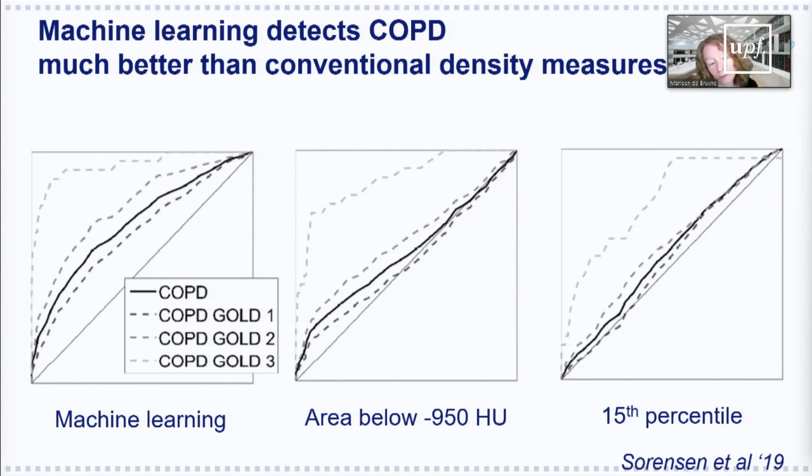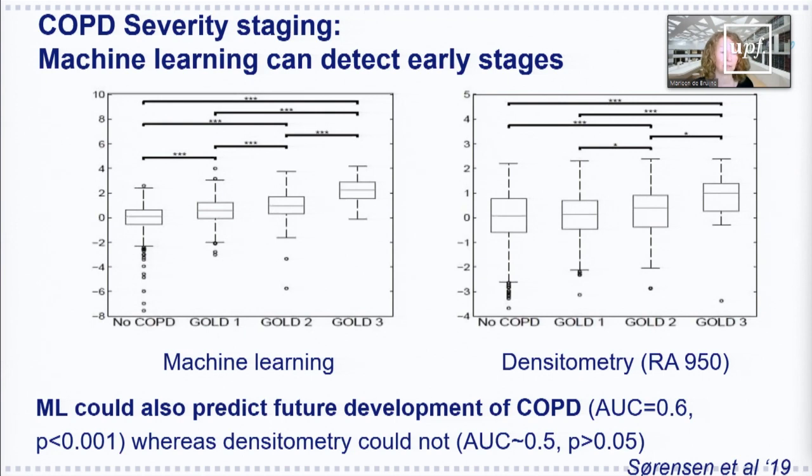The machine learning model finds fairly good discrimination, whereas classical densitometry measures can only recognize the most severe stages, and they're pretty random in recognizing the milder COPD cases, so they can't do early detection.